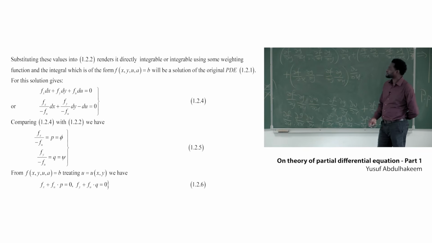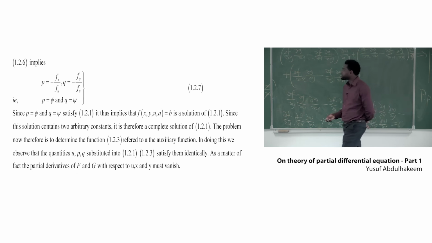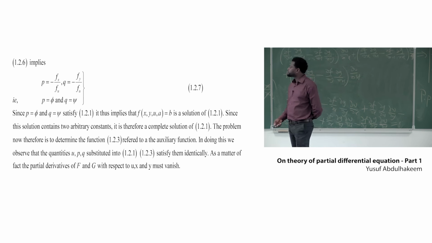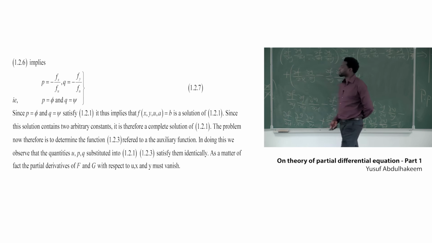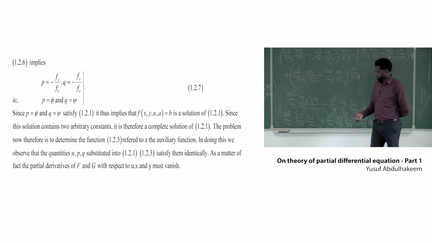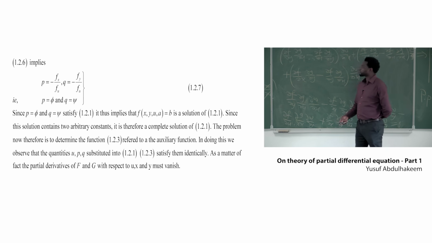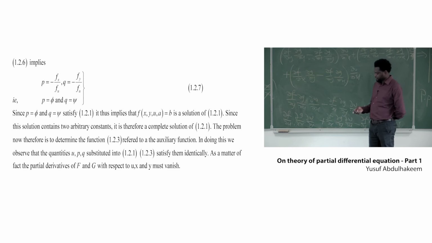where we say that substituting these values of p into these equations 1.1.22, these equations here will be satisfied. So the same thing happened here. Our p here, it implies that this is our p, this is our p, and this is our q.